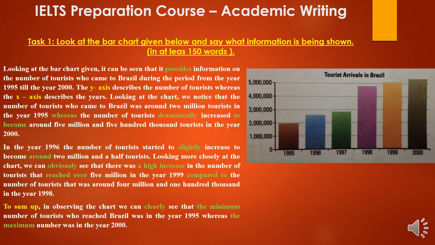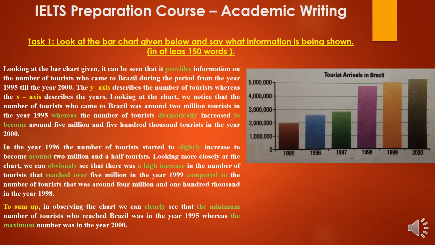Before we start the task, we should know that the chart given provides information on tourist arrivals in Brazil from the year 1995 till the year 2000. Now, let's approach the task and see how we can describe the chart and the information given.